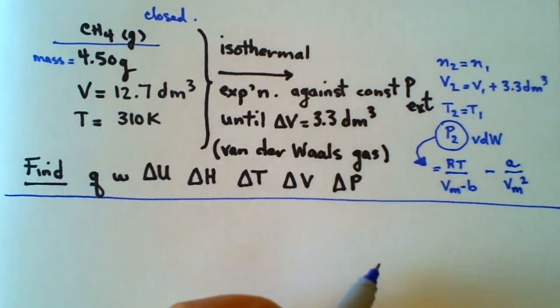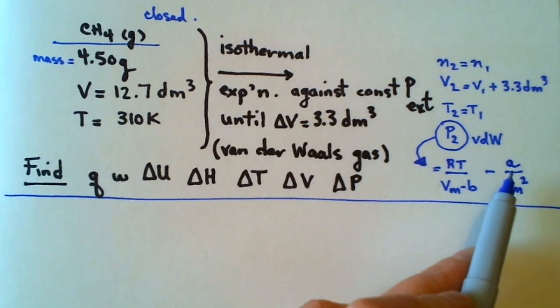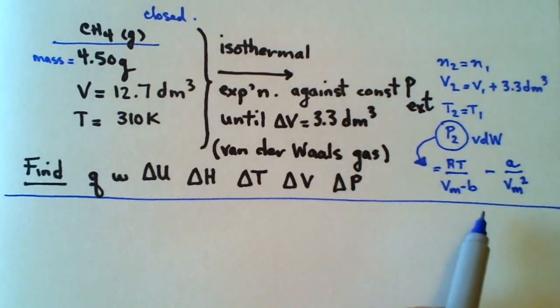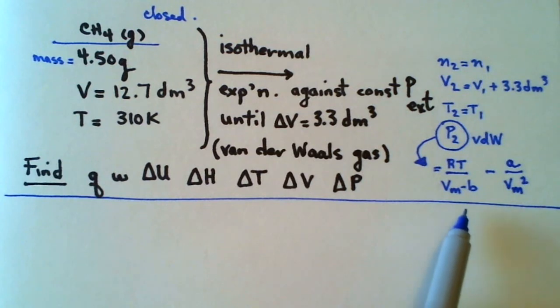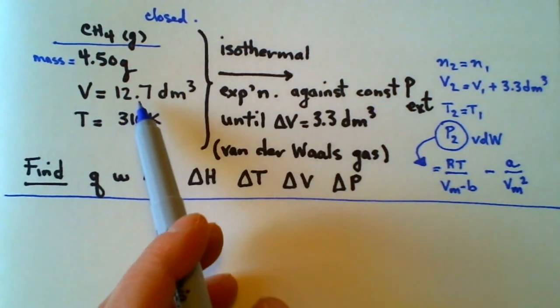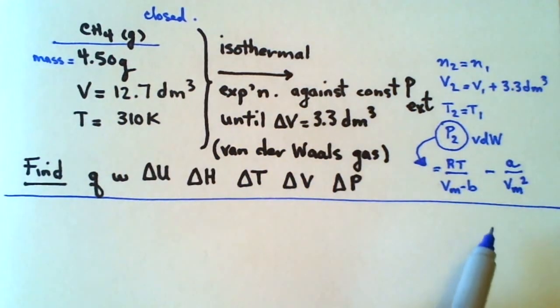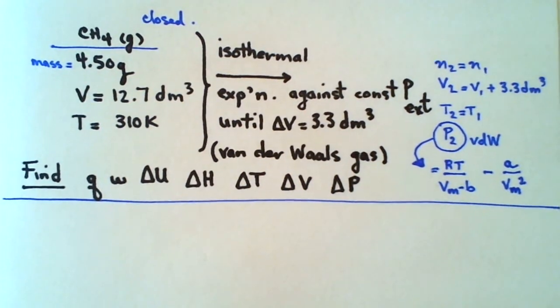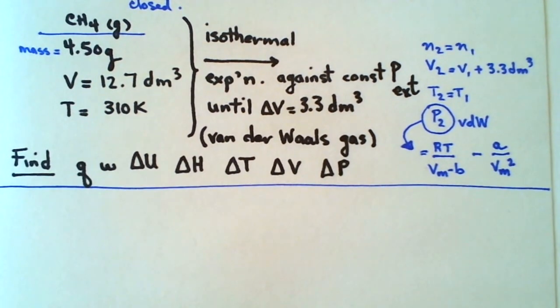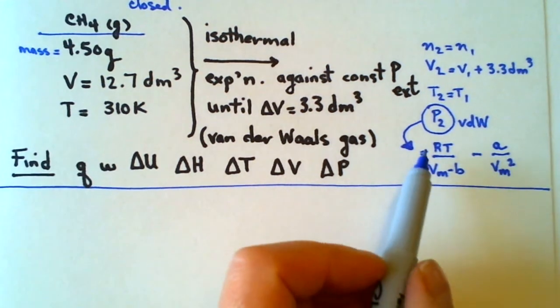So my two van der Waals constants are B and A, and again I just showed you that those are given somewhere else in the data sheet. Excuse me. So your molar volume is going to be your volume divided by your number of moles. Sorry about that.